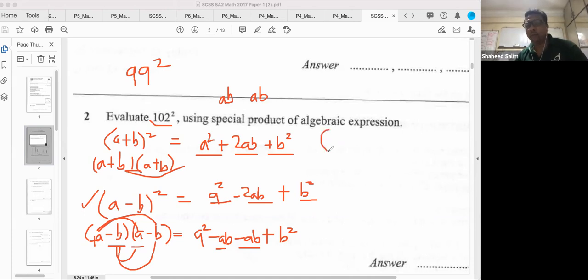What number are you going to put to make 99? 100 minus what gets 99? Minus 1. So we take 100 minus 1, squared. Now you follow the expansion here. Can you see this A means the first one? So it means 100 squared.